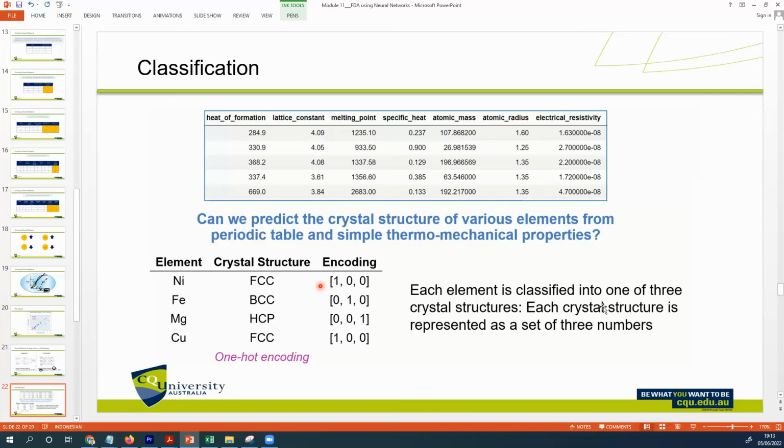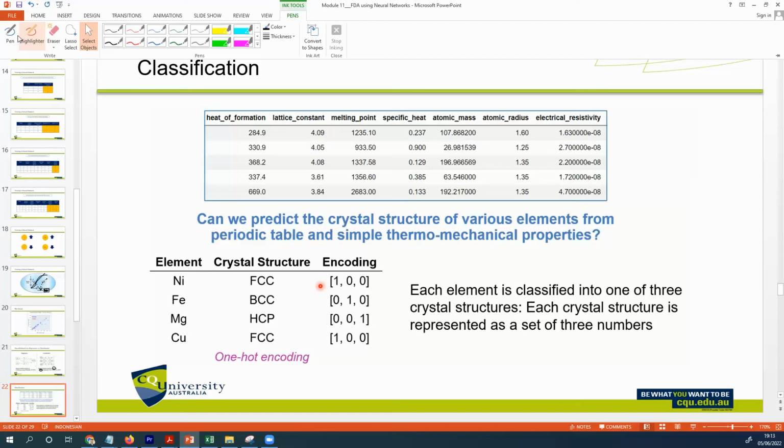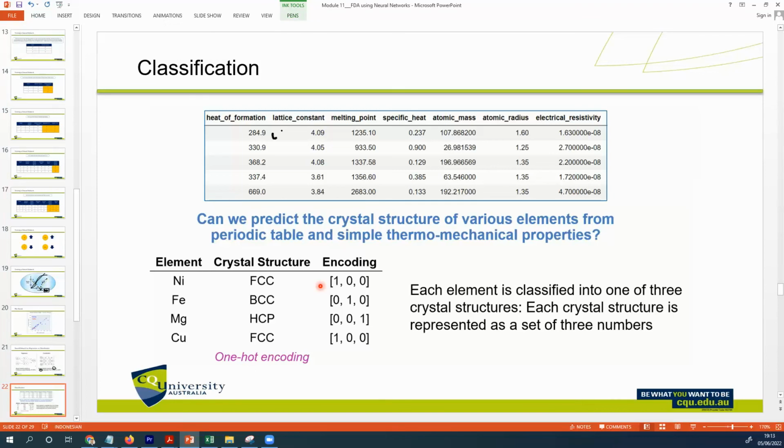Given all the data, this is the heat information: the lattice constant, the melting point, the specific heat, the atomic mass, the atomic radius, the electrical resistivity. We need to identify FCC, BCC, HCP, and there are only 3. What is FCC?